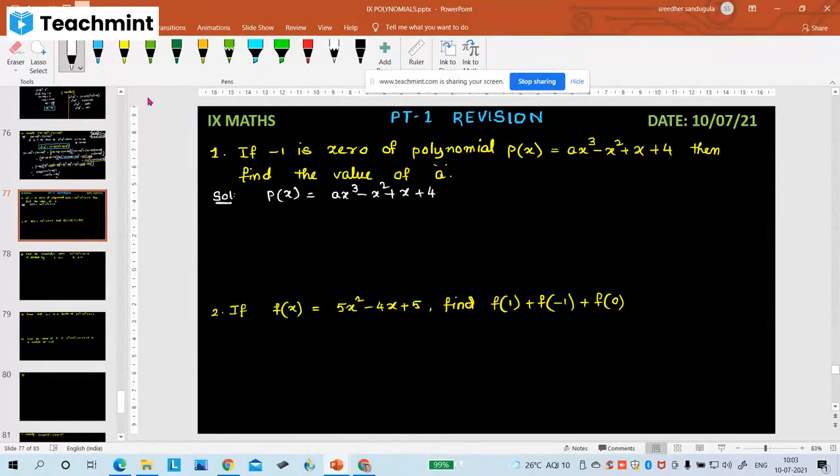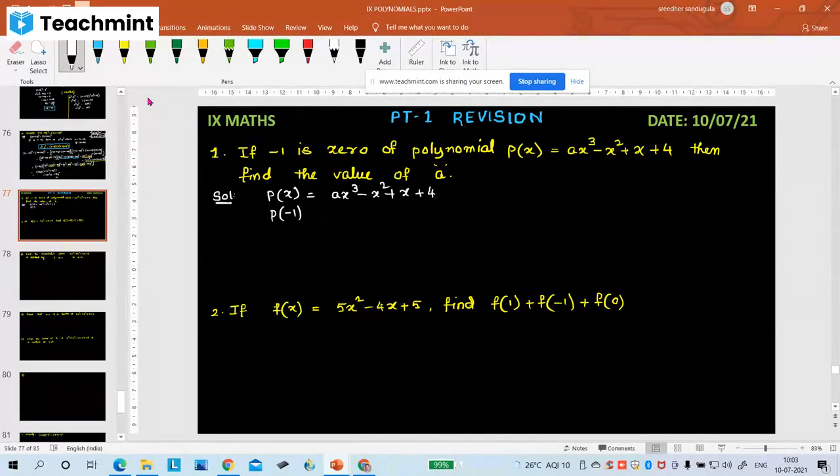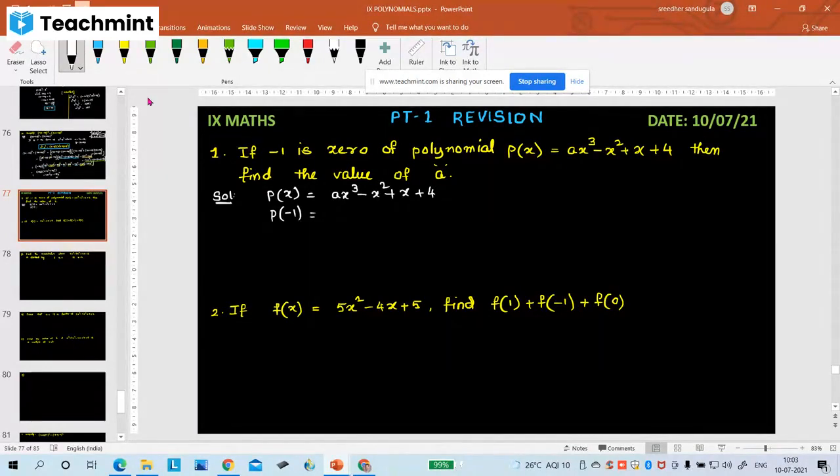Since it is given that minus 1 is the zero of the polynomial, in the place of x let us substitute minus 1. P of minus 1 equals a into minus 1 whole cube minus, in the place of x, minus 1 whole square, plus minus 1 plus 4 equal to 0.